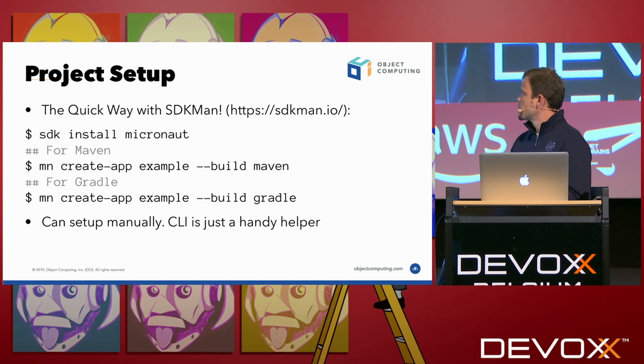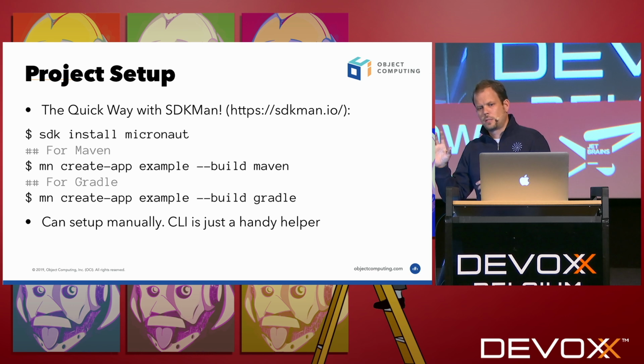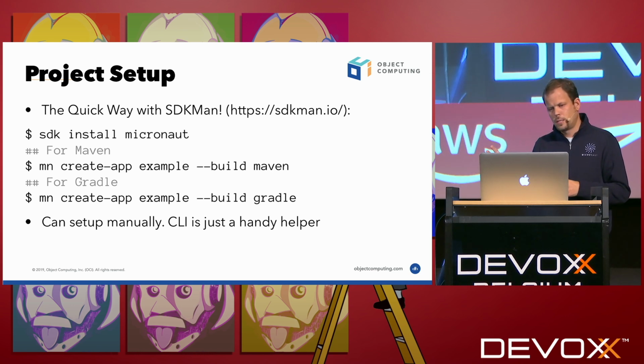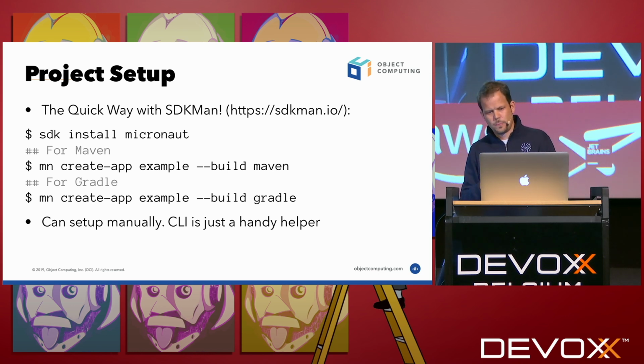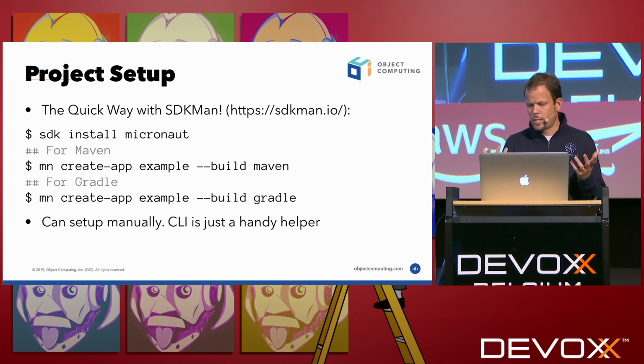We support both. The CLI part of Micronaut is not required to use Micronaut. It's a handy helper to get going, just a code generation tool. I do find it handy though for creating quick apps and getting going quickly.